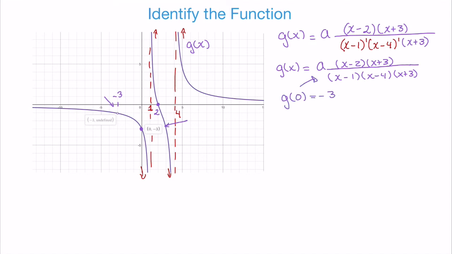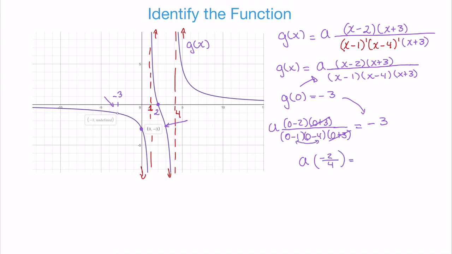Plugging the 0 into the equation, we get a times (0 minus 2)(0 plus 3) over (0 minus 1)(0 minus 4)(0 plus 3), and that equals -3. Of course, these two cancel out. So we get a times -2 over, when I multiply this, what we get is +4, equals -3, which is a times -1/2 equals -3.